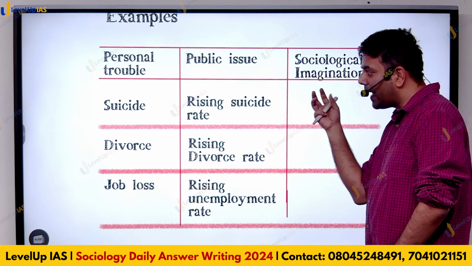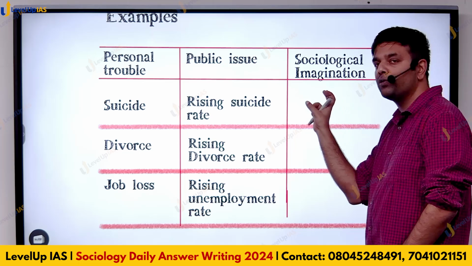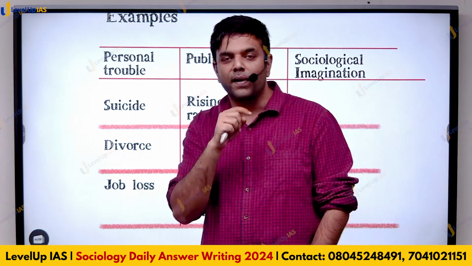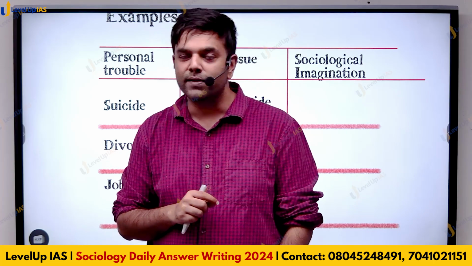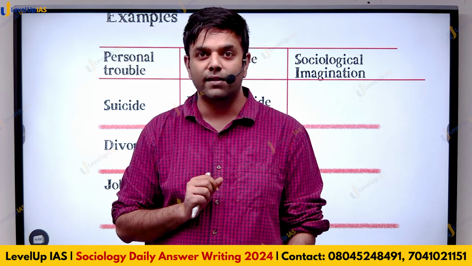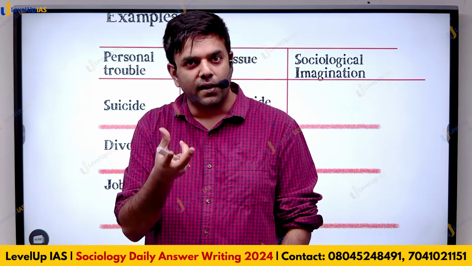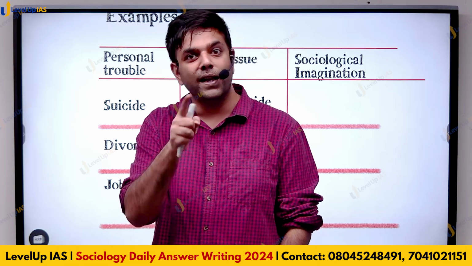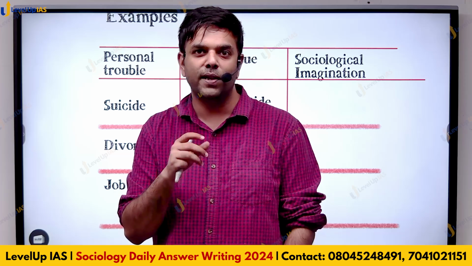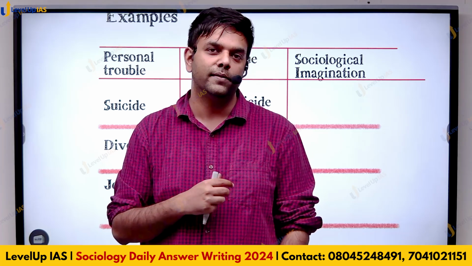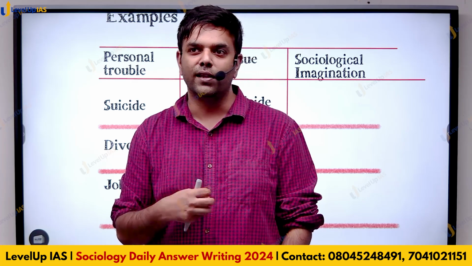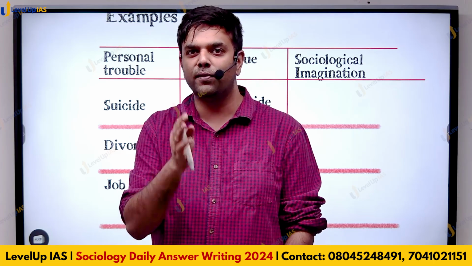Now, I should explain the major broader social factors causing the rising suicide rate. If you remember Durkheim, he is one of the people who explains suicide rate to us. He says that the suicide rate in modern society is going to be high. He clearly says it. And why did he say that? Because he believed that in modern society, the collective consciousness or the cohesive force is very weak.